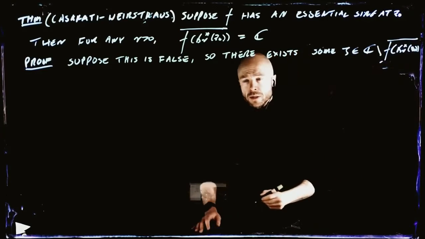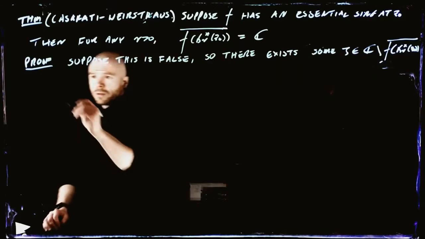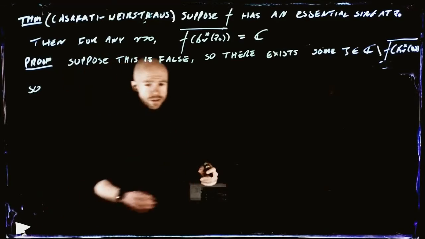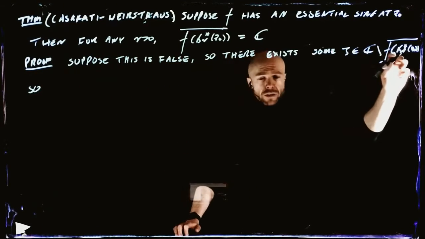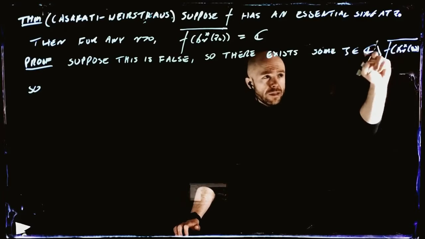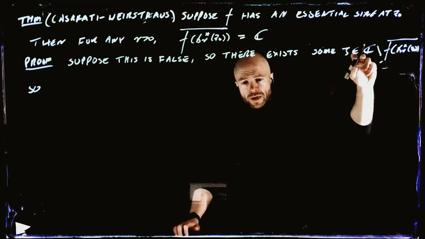That means that there's some specific distance between zeta and anything from the punctured ball, because this is the closure. So this is an open set, so we can put a little ball around zeta.